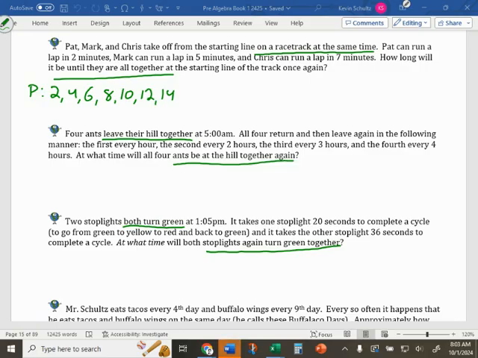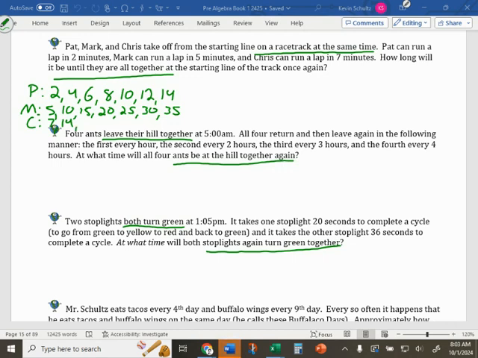okay? Mark, he will be back at the starting line 5 minutes after he begins. And then what? 10. And then 15, and then 20, and then 25, and then 30, and then 35, okay? Chris, it takes him 7, so he'll be back at 7, and then 14, which I see a match with Pat and Chris.